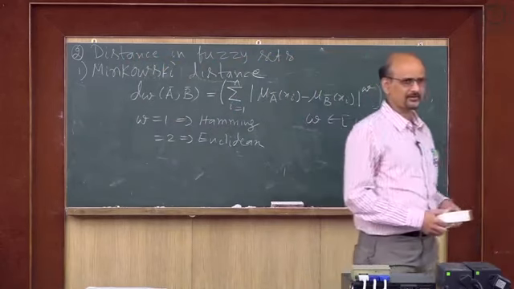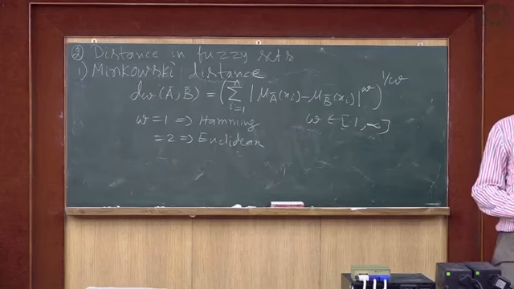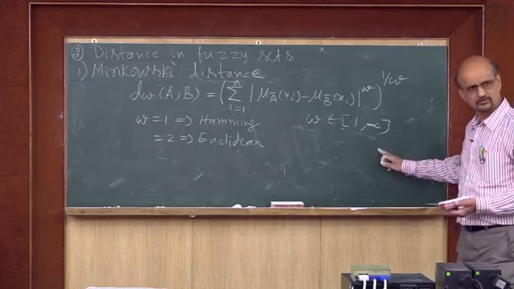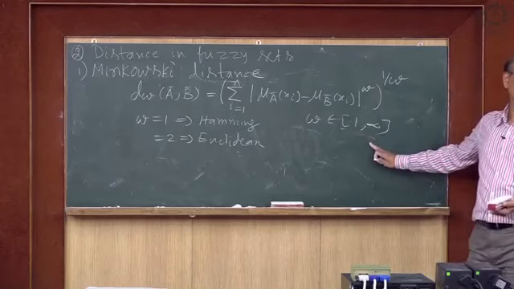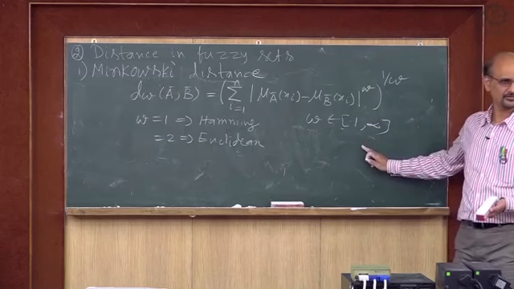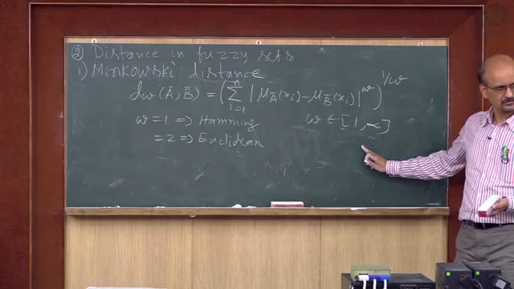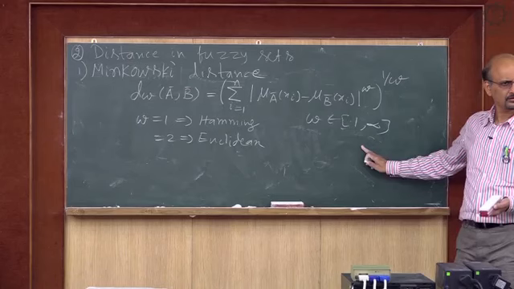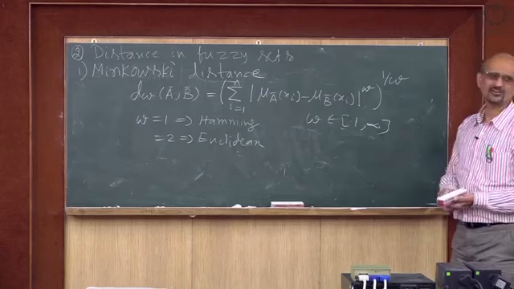3, 4, 5 you can take. Not 3, 4, 5, but w is 1 by 3. So 1 by w becomes 0 to 1. No, but it is defined for 1 to infinity, greater than or equal to 1, you yourself told. No, it will not be defined. Consider a case where I am deliberately taking w is equal to 1 by 3. Then you cannot find the distance.